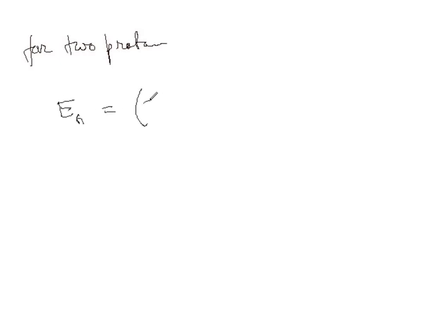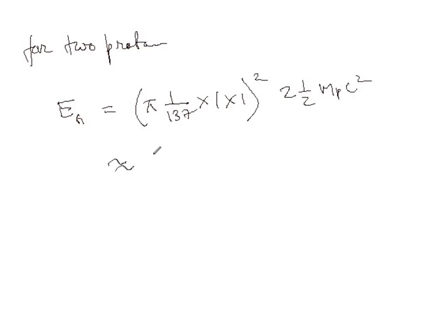This is pi by 137 into 1 into 1, since Z is equal to 1 for a proton, whole square, over 2 times half mp c square, and this comes out to be 500 keV. I'm putting in the rest mass of the proton to be 0.94 GeV.